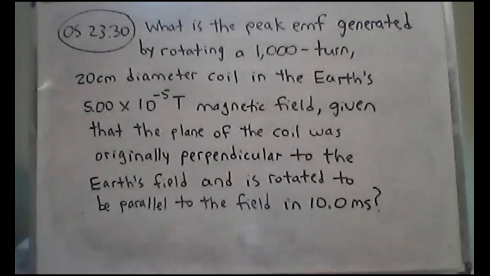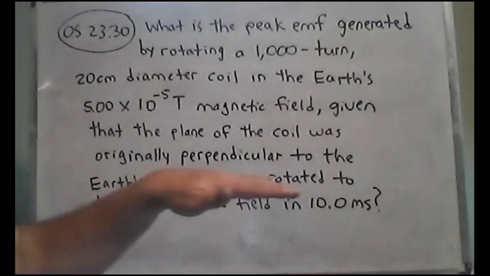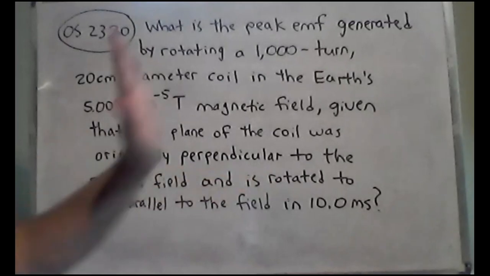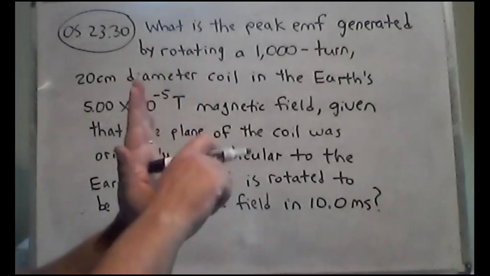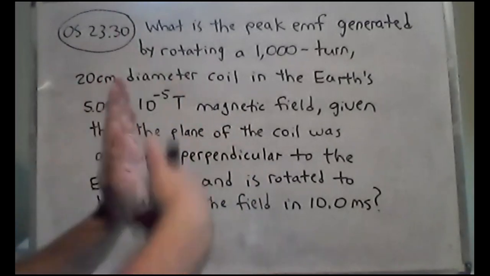Now, we have to be really careful about how we're thinking about this. We're going to start off by saying that the plane of the coil was originally perpendicular to the Earth's magnetic field and is rotated to be parallel. The coil would reside in a plane. Originally, if I look at the coil edge on, here's the face, so the circle is kind of like into the board.